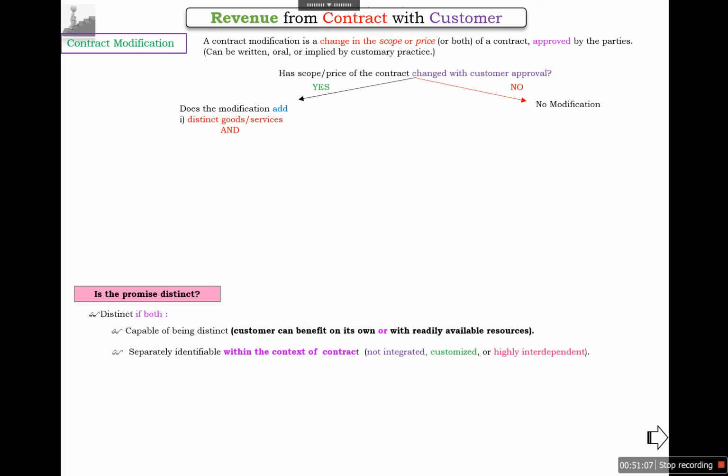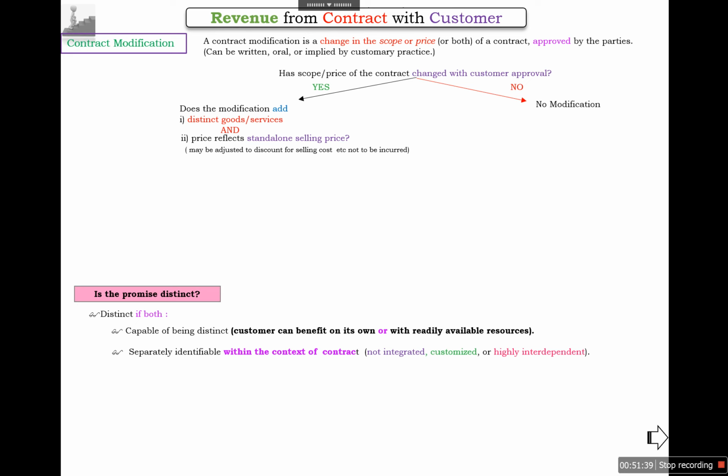So if the scope and price of the contract has changed with the approval of the customer, and it is for distinct goods and services, and second, it is at the standalone selling price, in that case, and this standalone selling price can be adjusted up to a minor level for the cost that the seller is not going to incur.